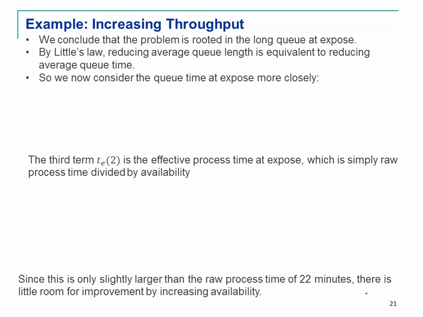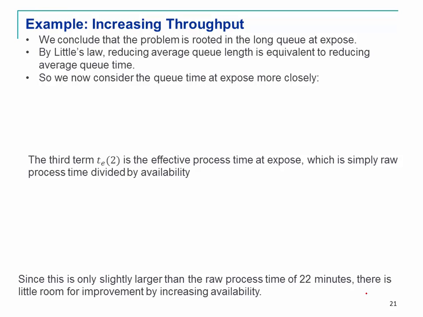So we conclude that the problem is rooted in the long queue at expose, and by Little's law, reducing the average queue length is equivalent to reducing the average queue time. So we now consider the queue time at expose more closely.